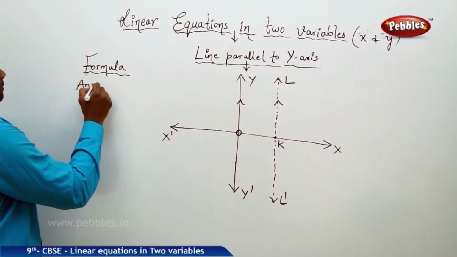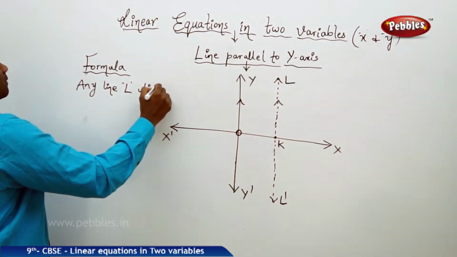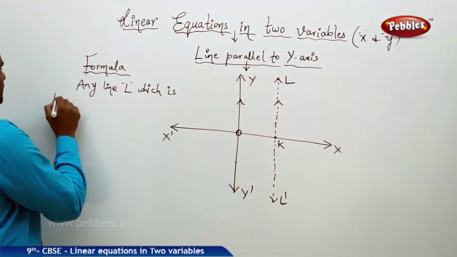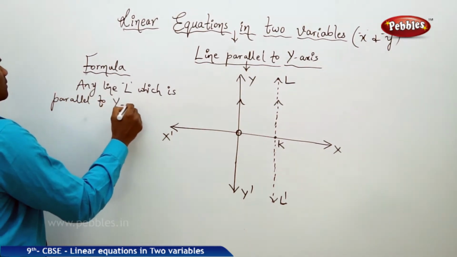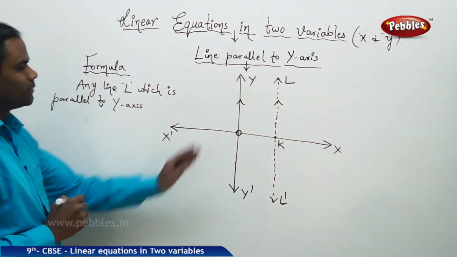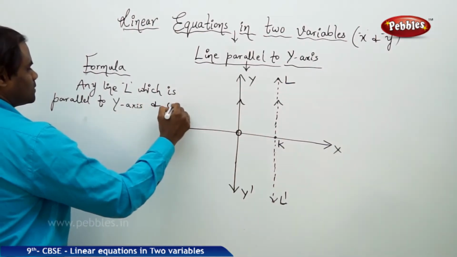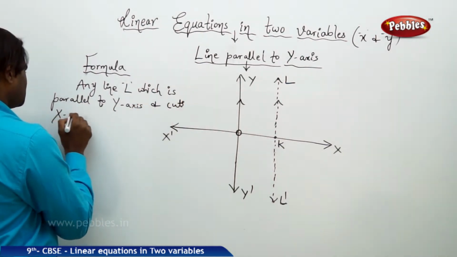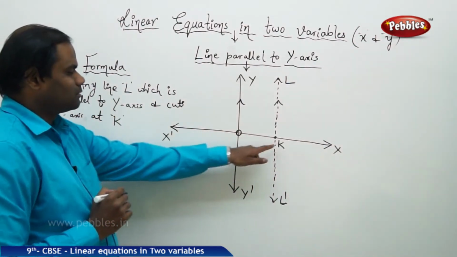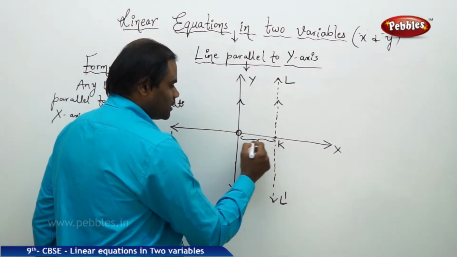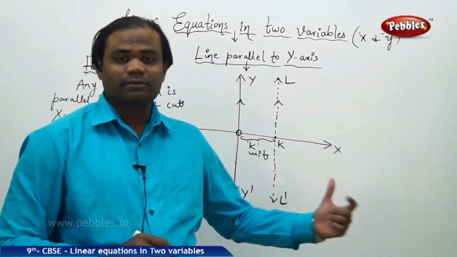Any line L which is parallel to y-axis and cuts x-axis at k, that is the distance from origin to k is k units, is how I understand it the other way.